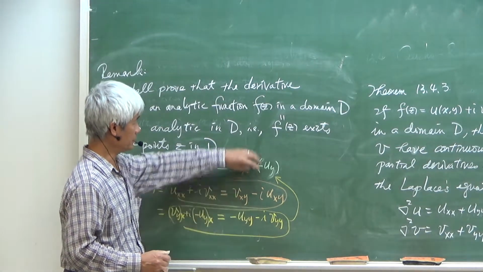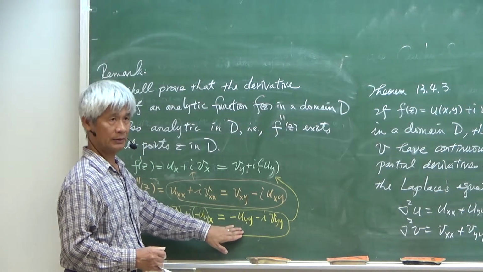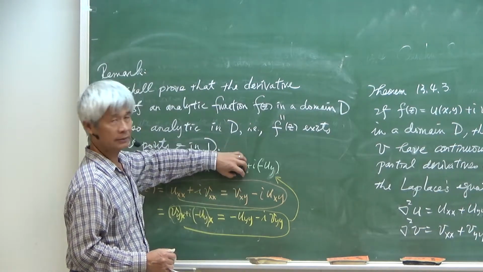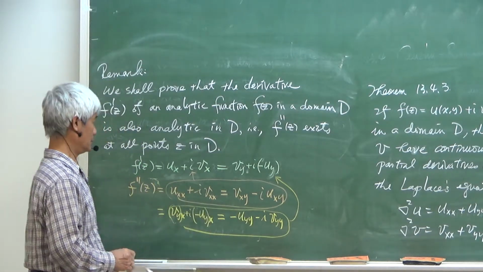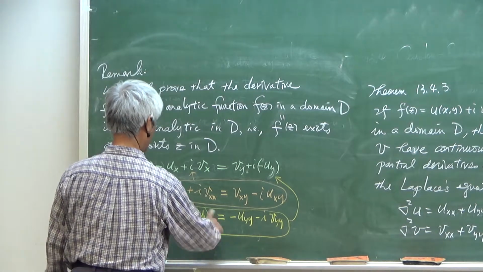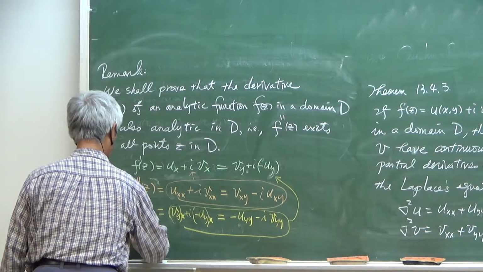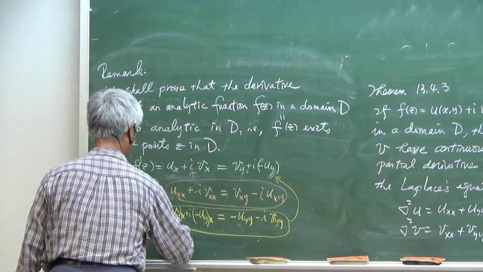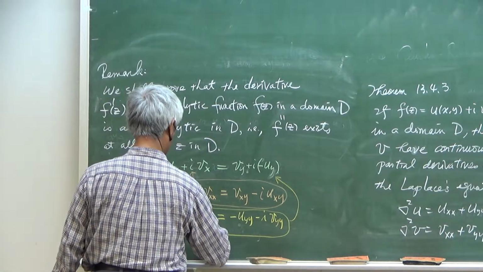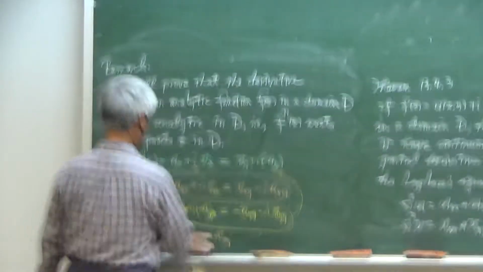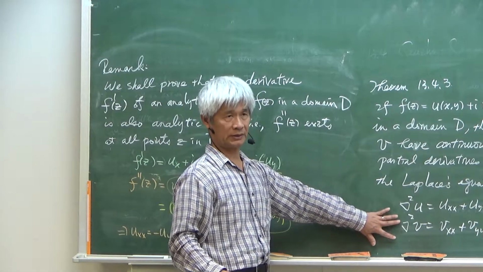Now for here, we should have v_y, and minus u_y. You compare them, and you will see that u_xx must be equal to minus u_yy. Also, comparing them, you know v_xx is equal to minus v_yy. So you automatically get the two Laplace equations.